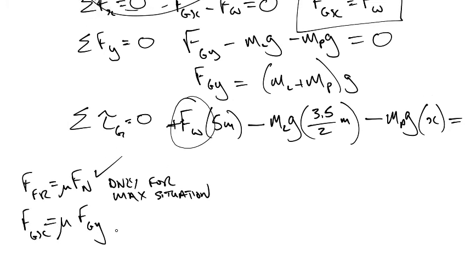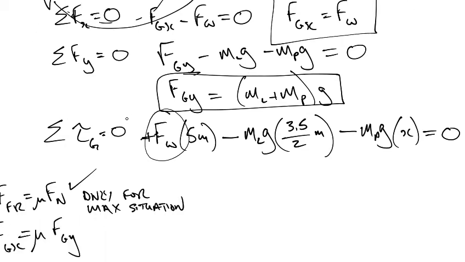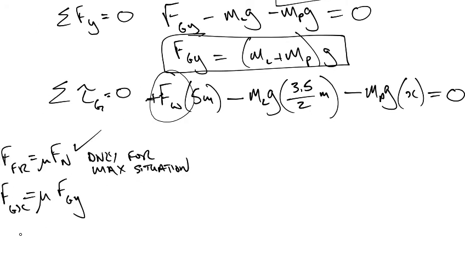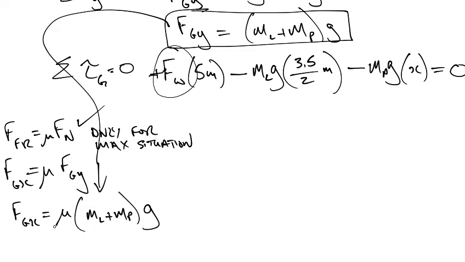Now, we know what Fgy is. We've already figured that out here. So we can do some substitutions now. We can actually put Fgx is equal to mu times Fgy, and from up here, I'm going to put that into there, (ml plus mp) times g. That's Fgy. And now I know what Fgx is.